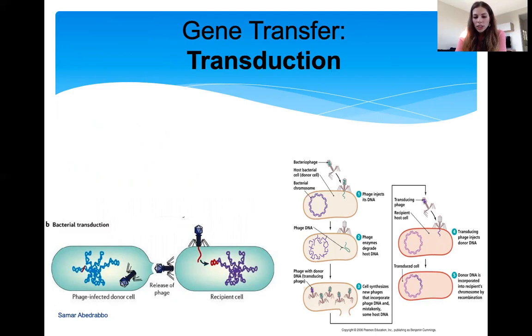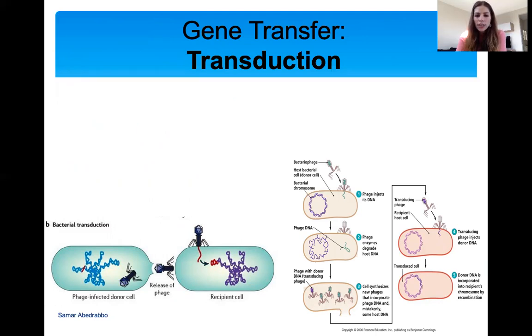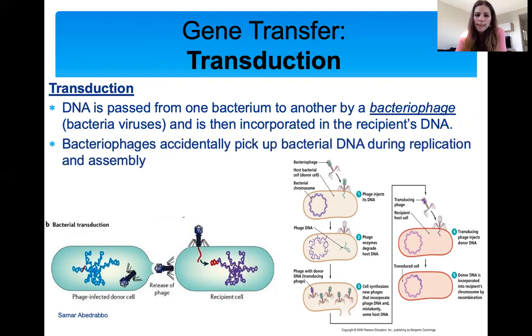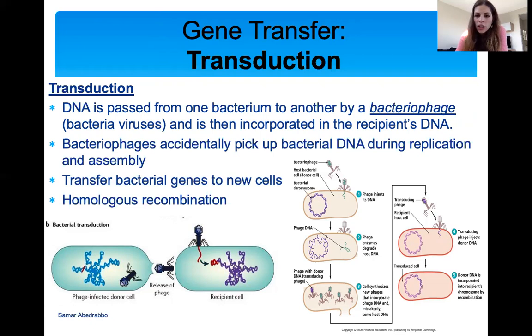Transduction. So transduction is, again, when bacteria get new DNA using bacteriophages. And bacteriophages are bacterial viruses. Once those bacteriophages put their DNA in, it gets put into the bacteria's own DNA, the host's DNA. So let me show you what happens here.